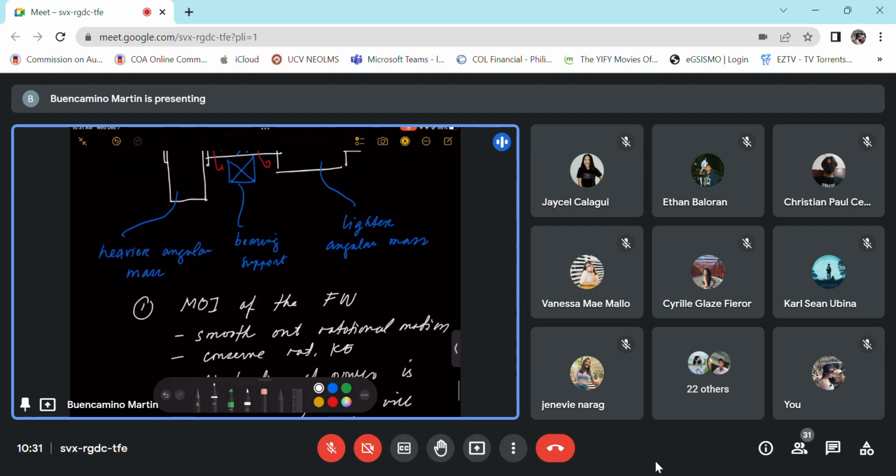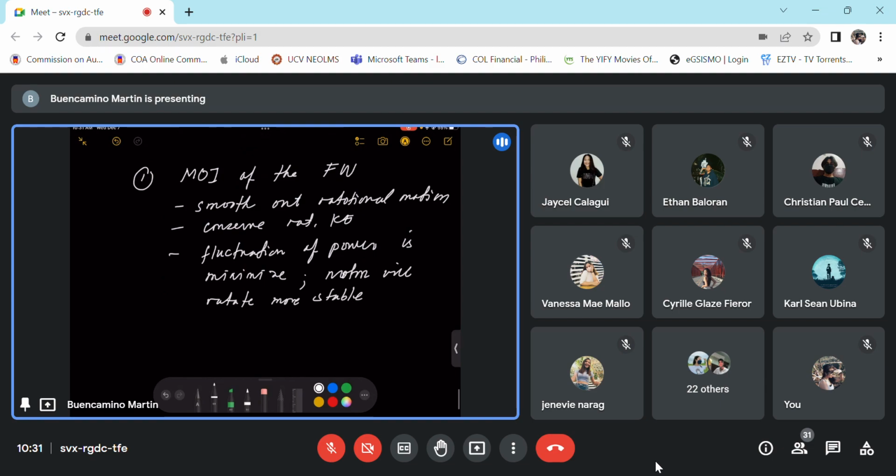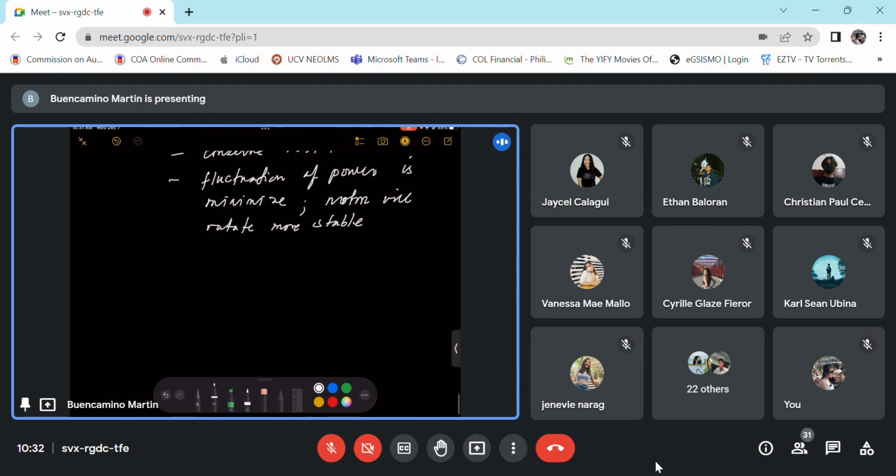Kung tatanggalin na yan, class, yung flywheel, hindi na smooth yung pag-rotate ng ating shaft ng motor. At hindi na siya makaka-conserve ng kinetic energy. So, yan lang ang practical application ng moment of inertia.